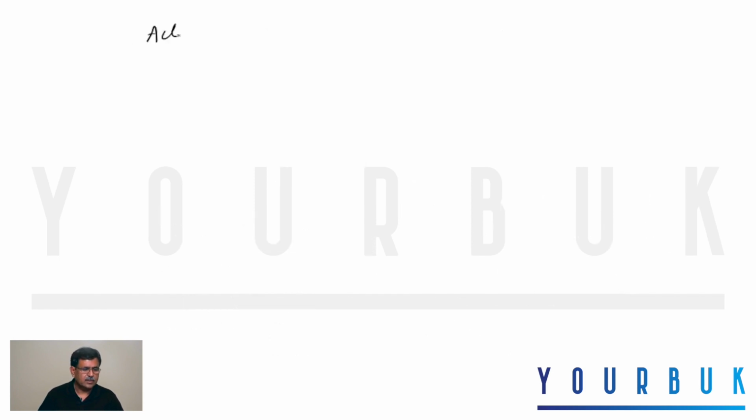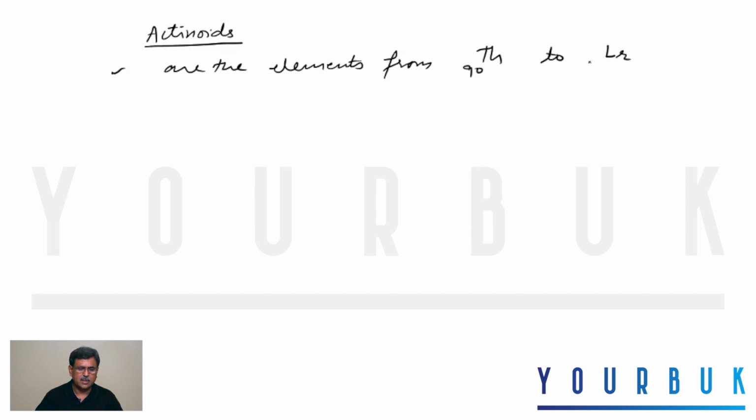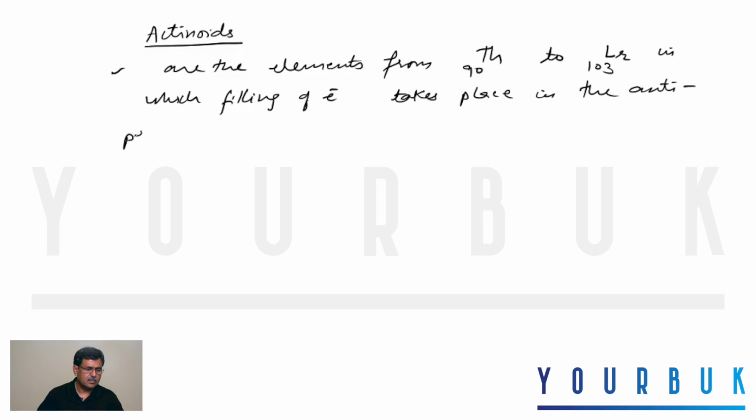Now next is about the actinoids. Actinoids are the elements from thorium, atomic number 90, to lawrencium, symbol Lr, atomic number 103, in which the filling of electrons takes place in the anti-penultimate 5f subshell.